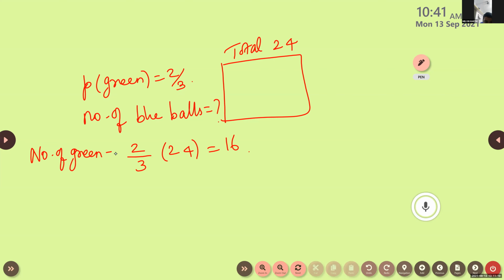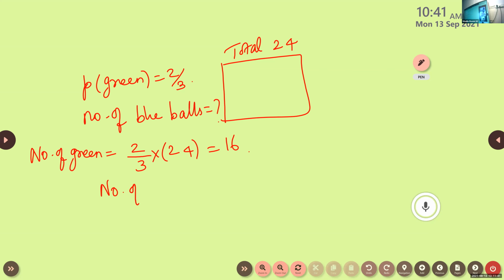How do we simplify 2 by 3 of 24? Total number of balls is given as 24, and the green is given as 2 by 3. When you simplify this, 8 3s are 24, 8 into 2 is 16. So the number of green balls is 16.